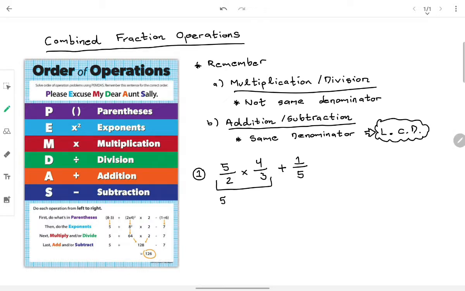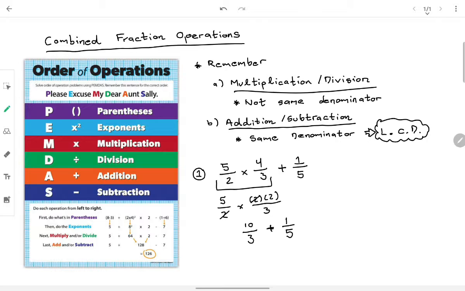Remember, we can use number decomposition to make it simpler. So we can eliminate these two with these two. So we will get 10 thirds, and we will add 1/5 to those 10 thirds.